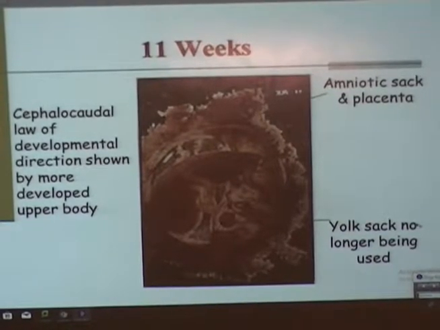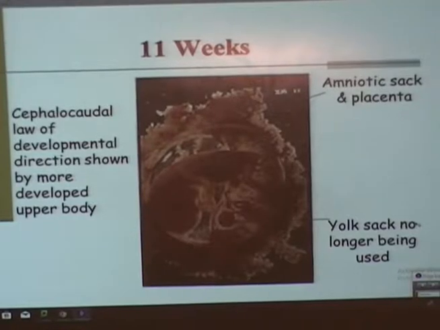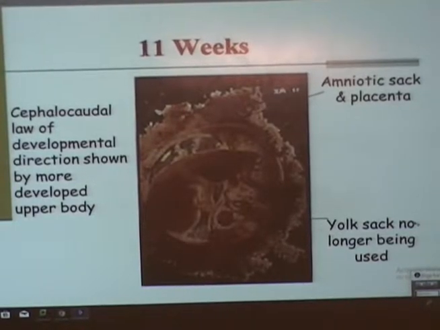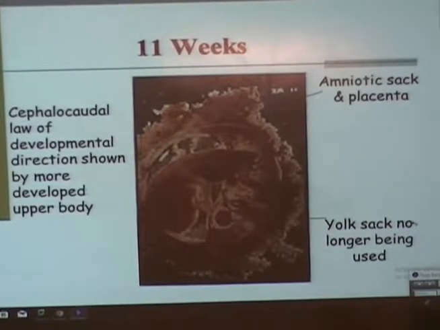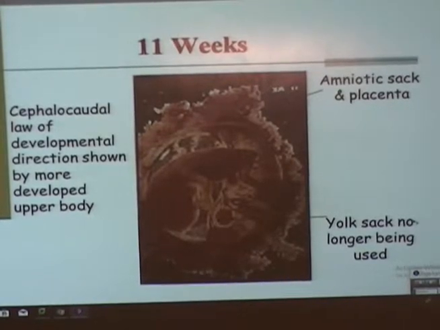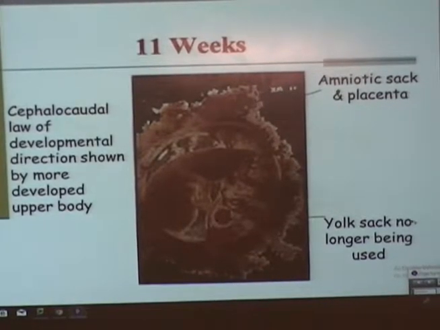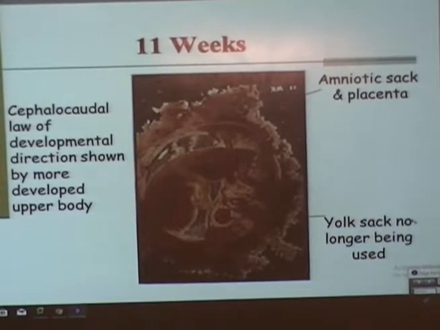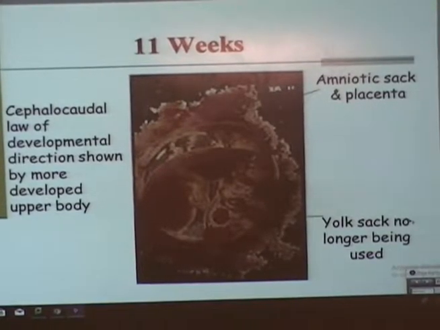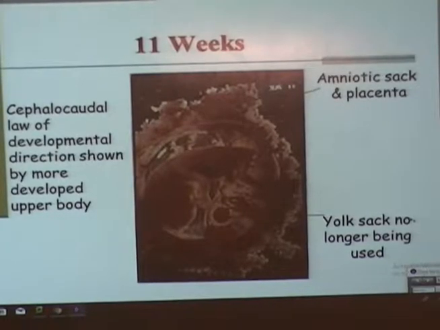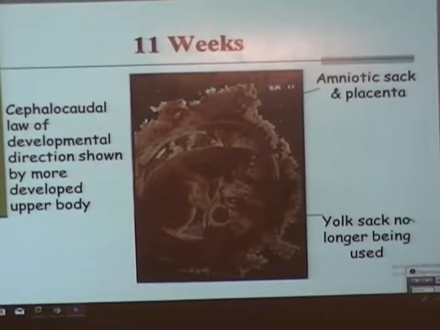What kind of nutrition are they receiving from mum? So all their oxygen is coming via the placenta, all their nutrients are coming via the placenta in the maternal blood. The maternal blood and the baby's blood intermingle at the placenta, and nutrients and oxygen are passed across.